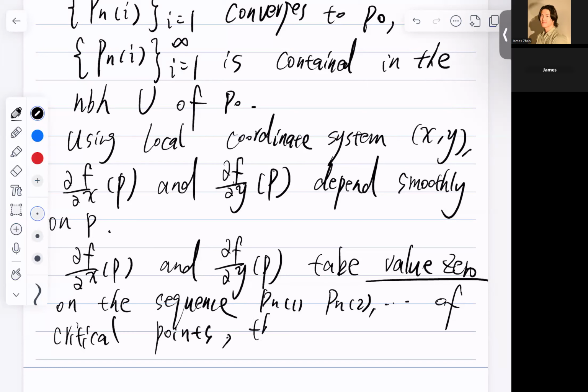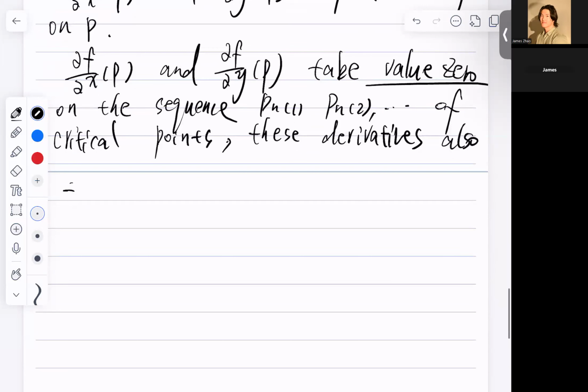And these derivatives also take 0 at P naught, right? Because that's the limit point.